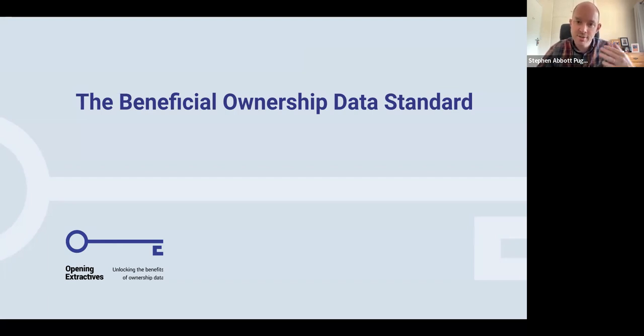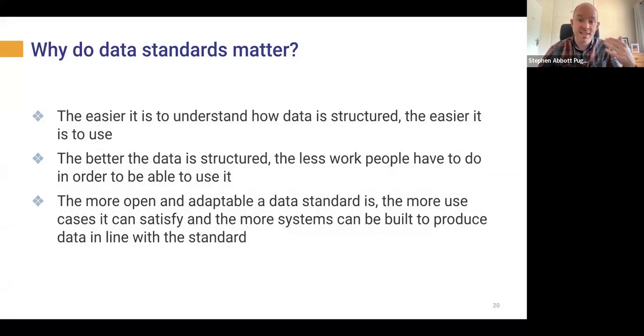Now, just to quickly talk to you about what data standards are and why they're useful. And then after that, I'll go into the beneficial ownership data standard in particular. So data standards underpin a lot of work to structure data.